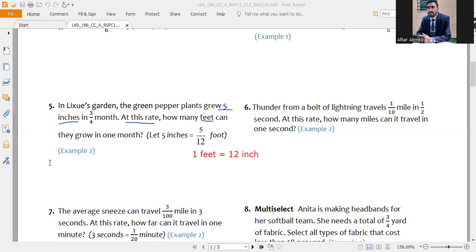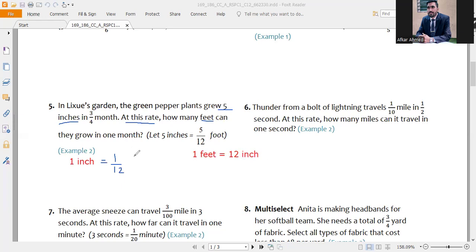If you want to convert the inches, you will divide by 12 on the other side. So 1 inch will be equal to 1 over 12. Or you can say divide by 12 on both sides, and this will be cancelled.